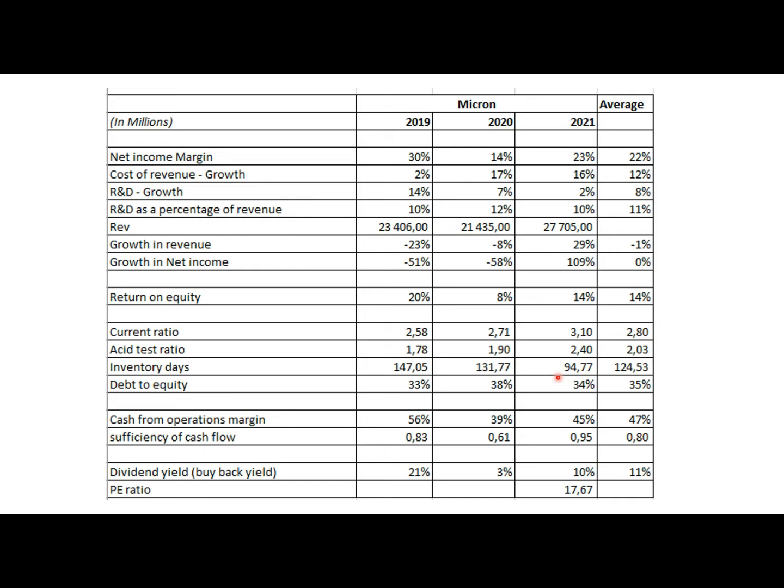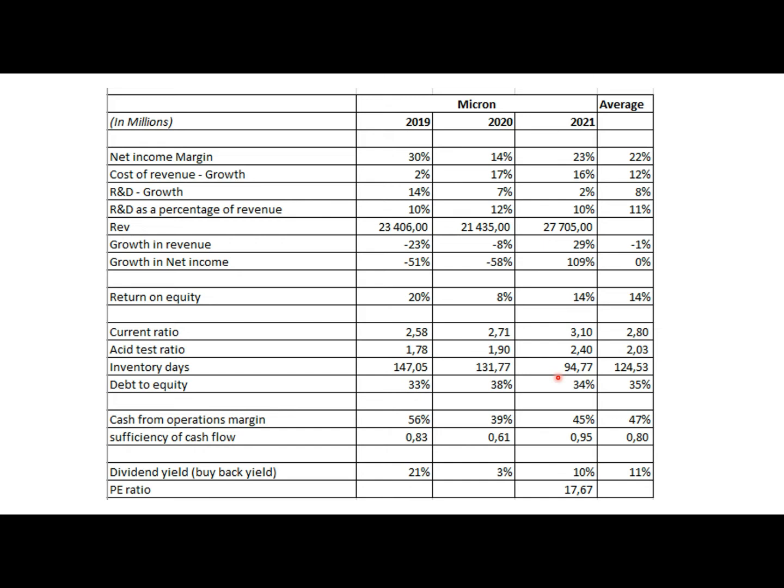Debt equity paints a picture of a company that doesn't have significant financial risk. The industry average is about 126. Micron's average is about 35%. So very good.